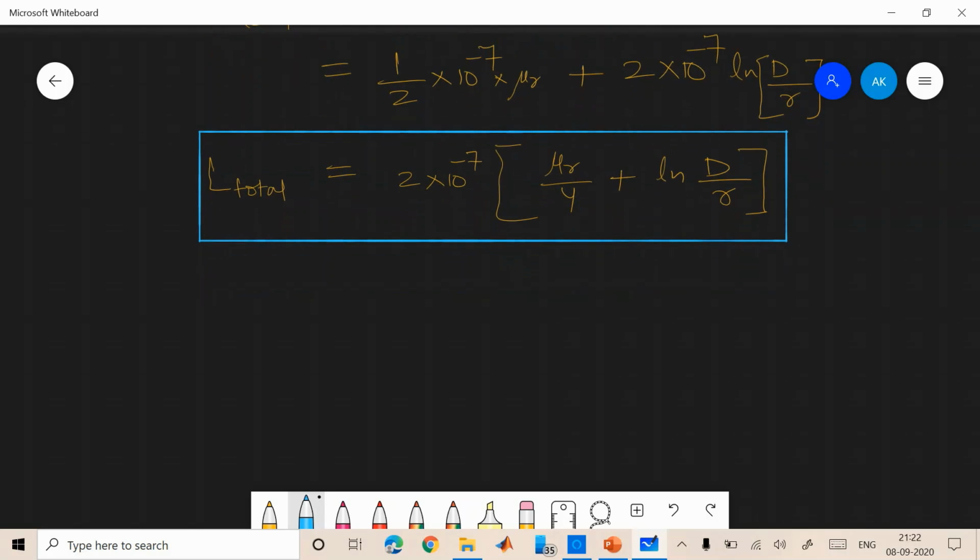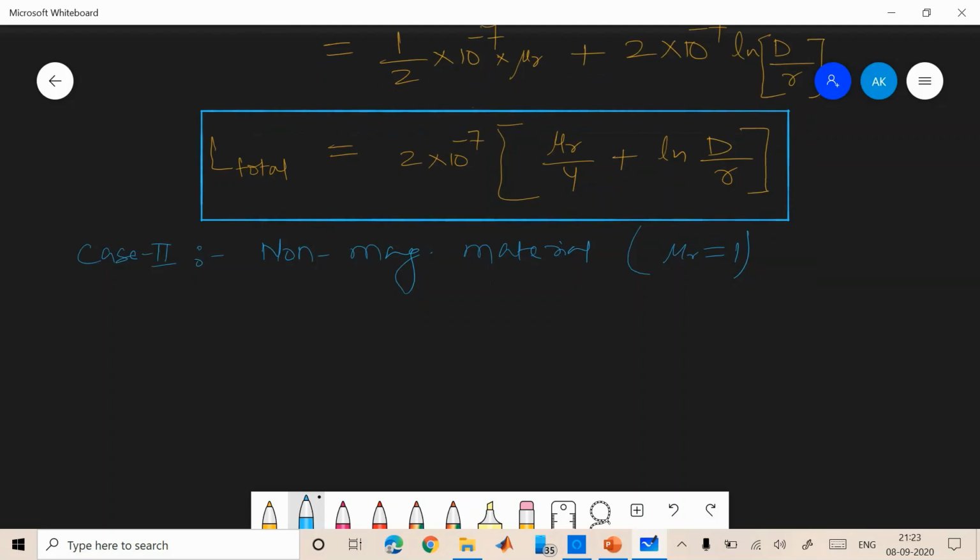Now we will see case 2. For non-magnetic material. Here mu r will be equal to 1.